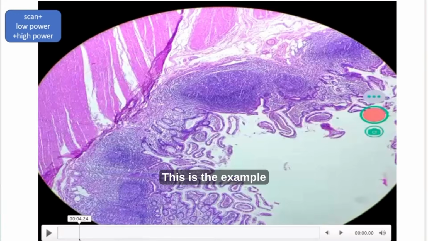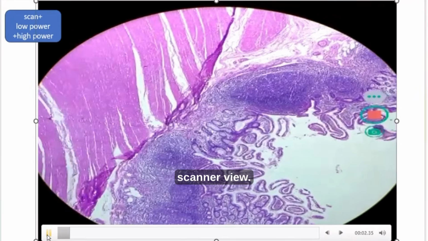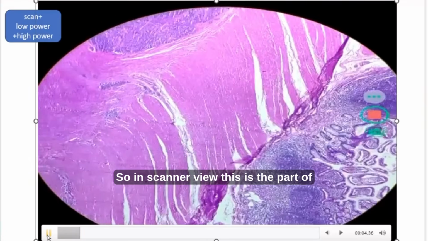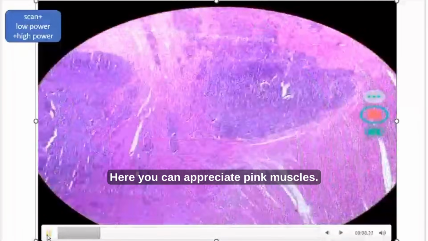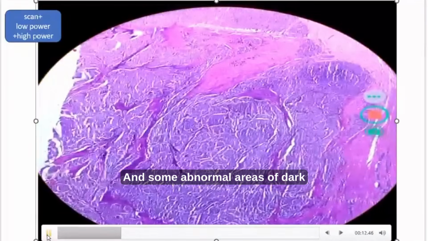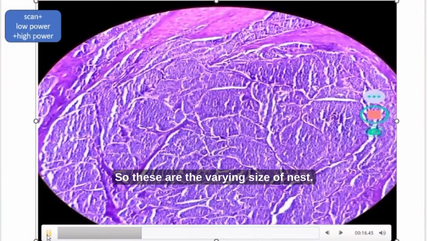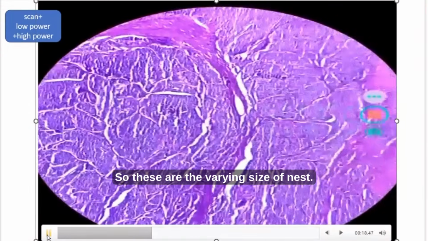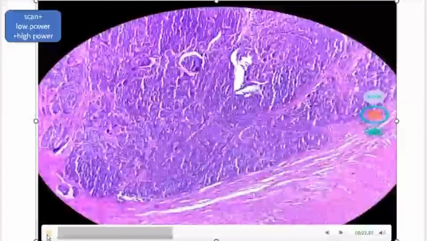This is an example of how you see a slide under scanner view. In scanner view, this is part of normal intestine. Here you can appreciate pink muscles and some abnormal areas of dark blue color in a nesting pattern. These are nests of varying size in the muscle area.